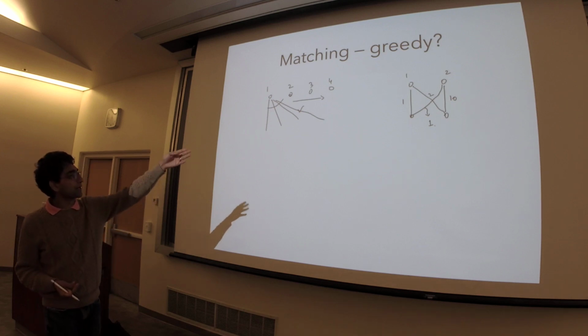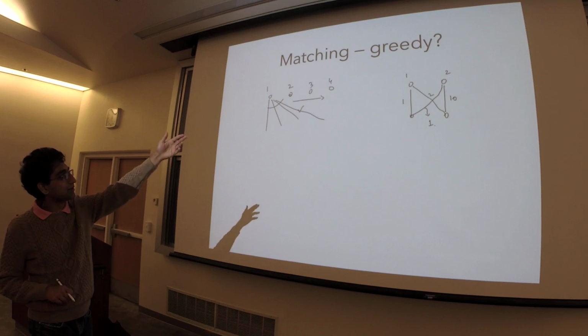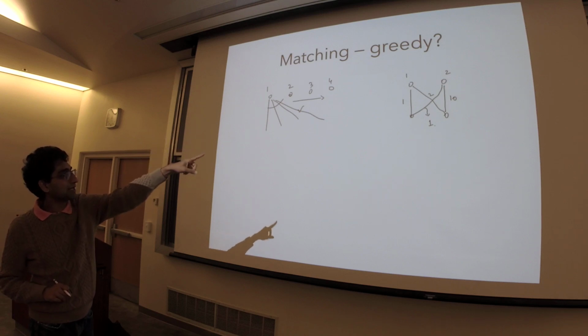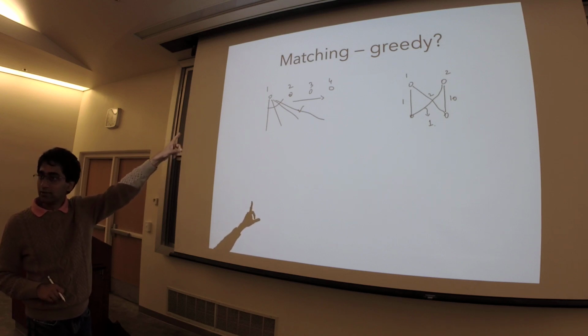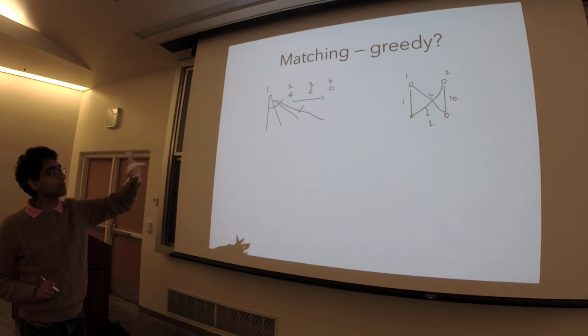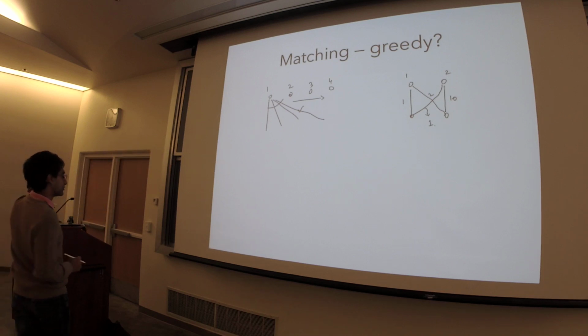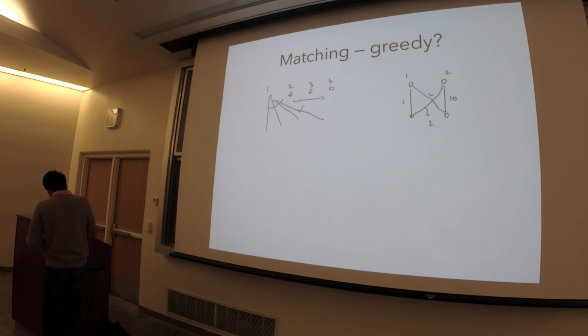If you went in order 1, 2, you would give the second gift to child 1, which is not great for maximizing the total happiness value, because in the end you care about the total. So greedy will not work.